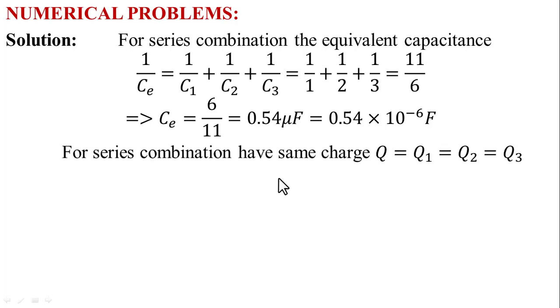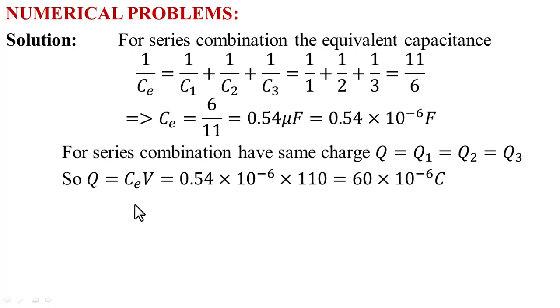Similarly, for a series combination having the same charge, Q is equal to Q1 is equal to Q2 is equal to Q3, because in a series combination the charge will be the same.